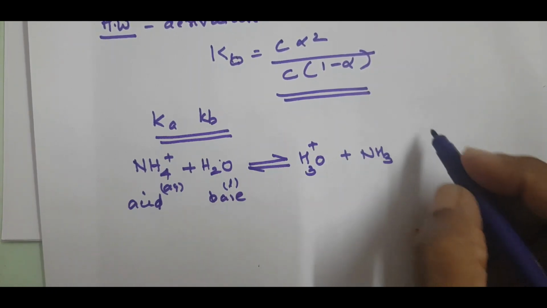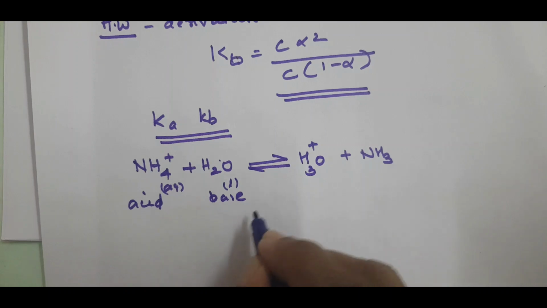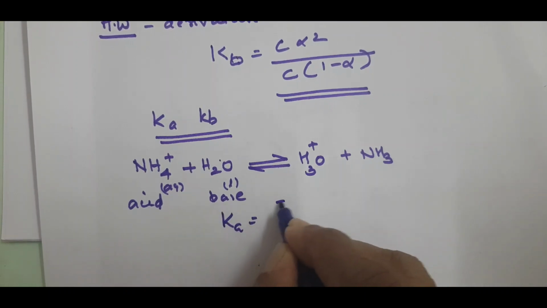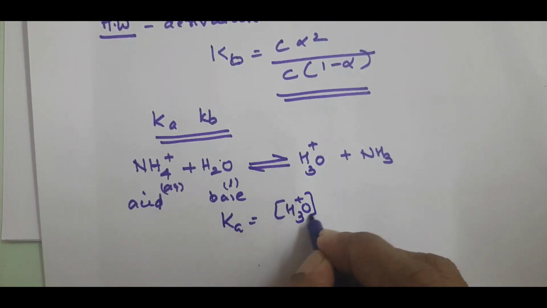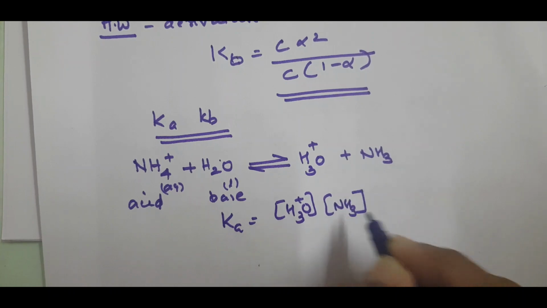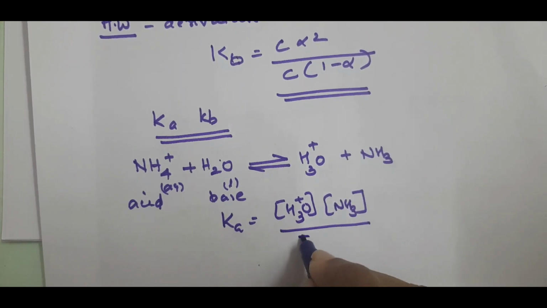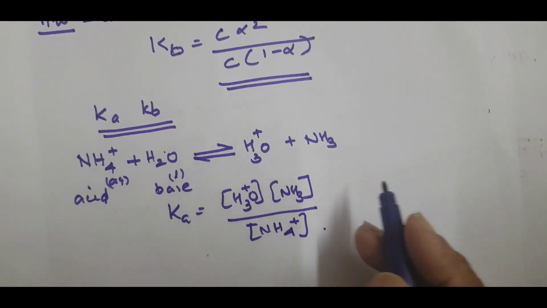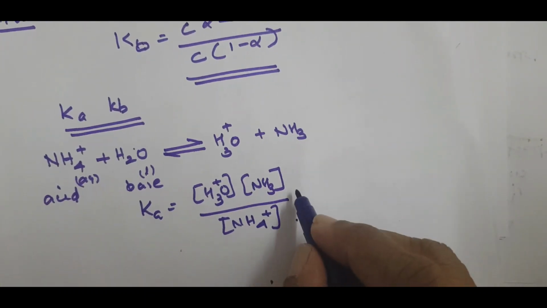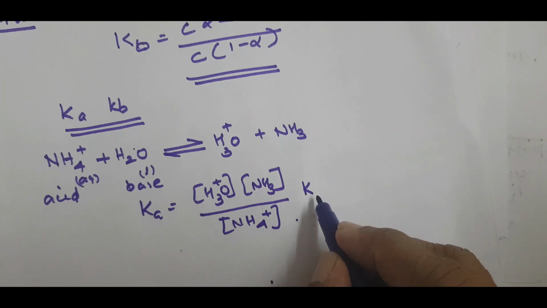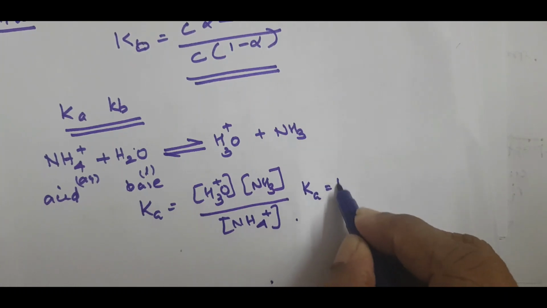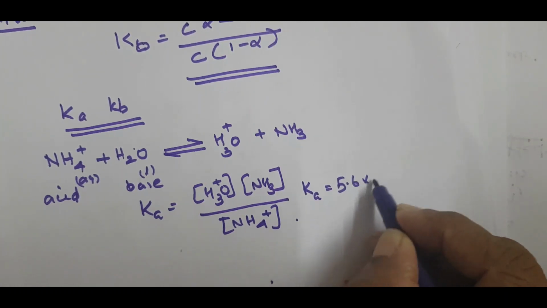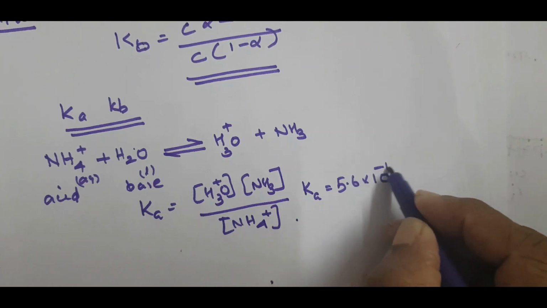So, you will get H3O positive plus NH3. Correct? And if you write, Ka is equal to concentration of H3O positive into concentration of ammonia divided by the concentration of NH4 plus. Am I right? Okay, because water is taken as a constant. Now you will be given Ka is equal to 5.6 into 10 raised to minus 10.